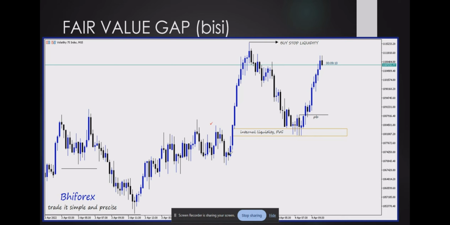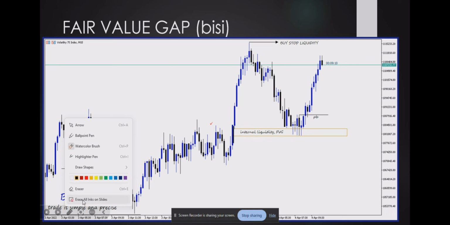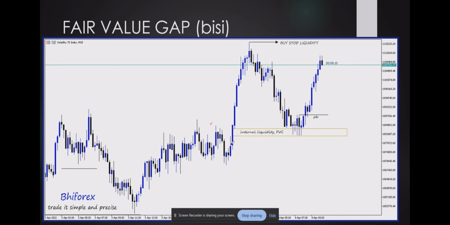How? Because right here, price was dancing, right? The very first candle that moved aggressively out of this consolidation is this particular one. And if you look at it well, it has just a wick to the downside. It has no wick to the upside. Now, the candle before is this one that has this wick, and the candle after is this one here.